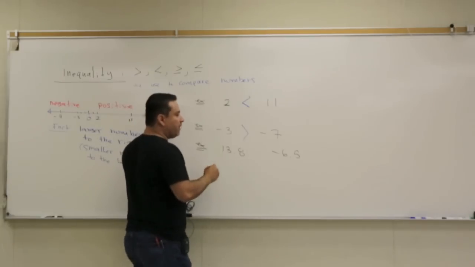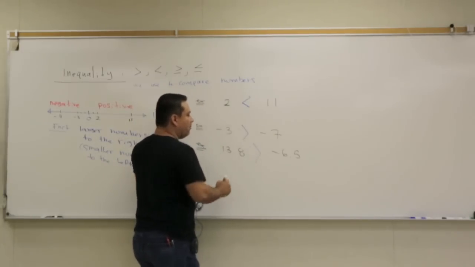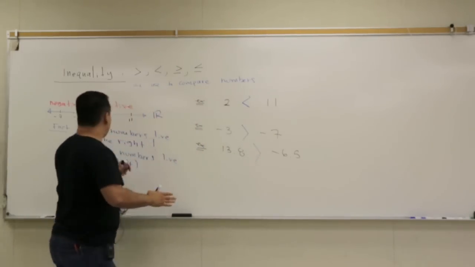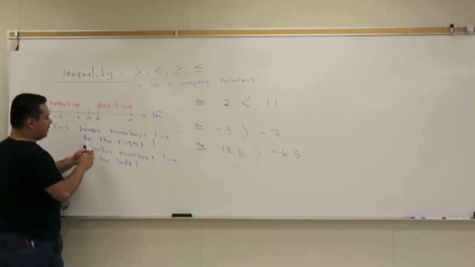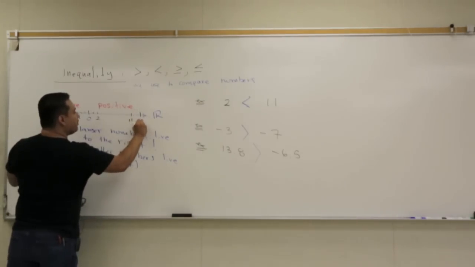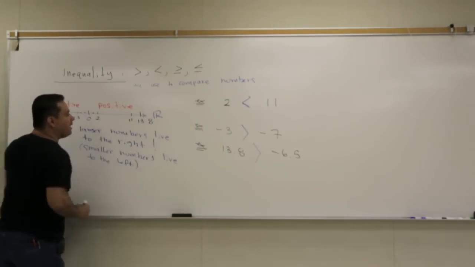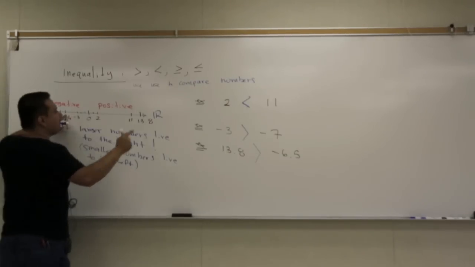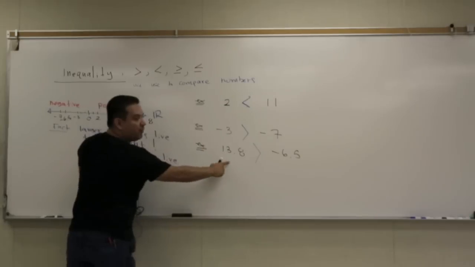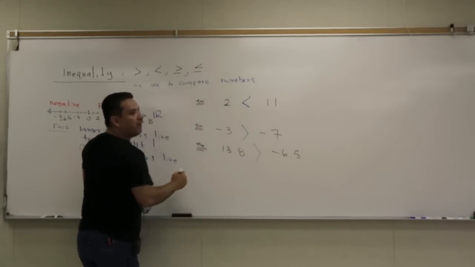Jaws opens at 13.8. Why? Isn't 13.8 a positive number? 13.8 might be over here. What about the -6.5? Maybe to the left over here. Which number is on the right? 13.8. So Jaws opens at 13.8.